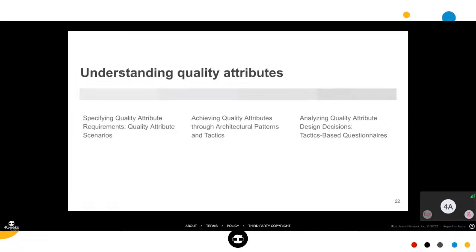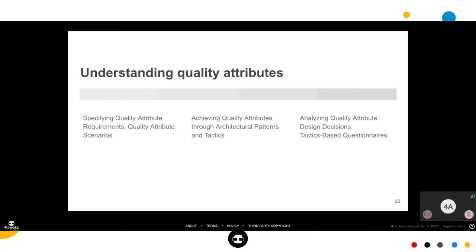Okay, so this is high level. So for every topic, I recommend that you research to understand more, but you have to know that we have three contexts or three moments when we define or try to understand the quality attributes, right?